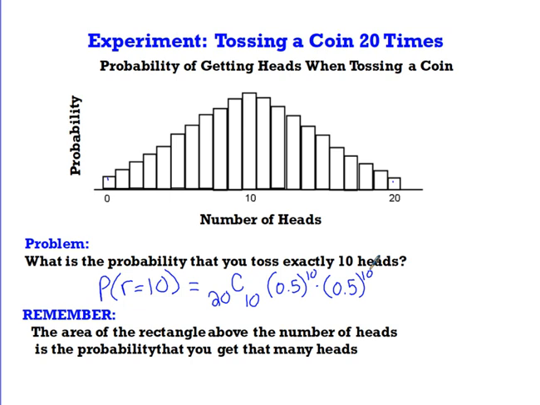You're probably better off using the table, but not a big deal either way. So that works out to be roughly about 17.6%. So what this really means is that this rectangle of 10, or the area of that particular rectangle, is 0.176. Going back to us graphing these things in the last chapter, that's basically a histogram.